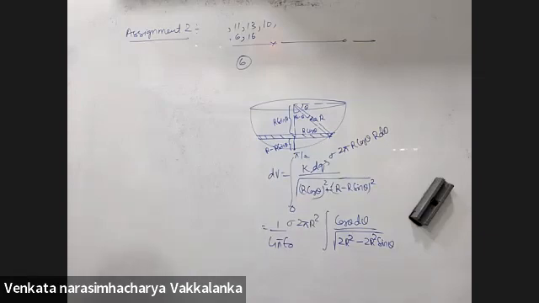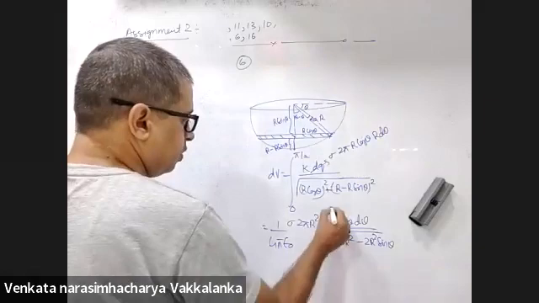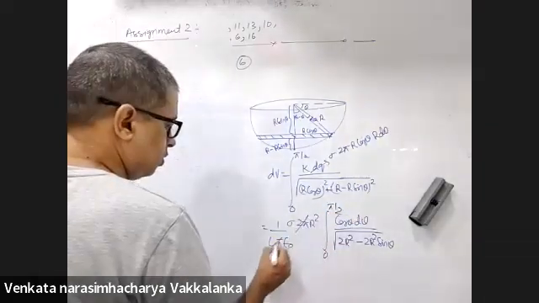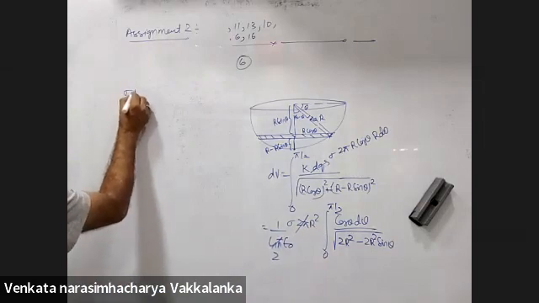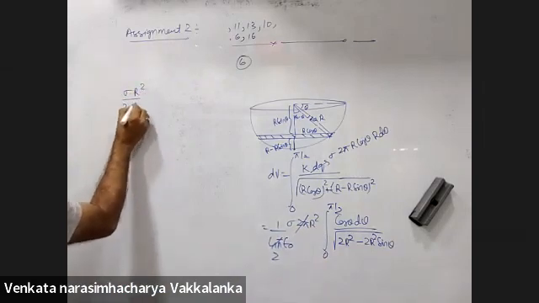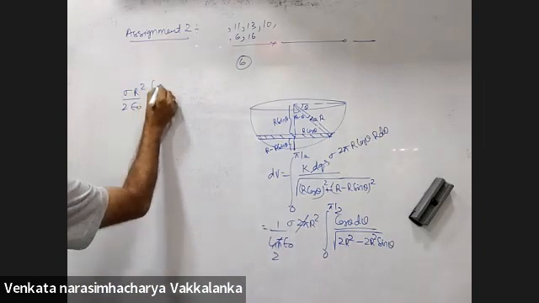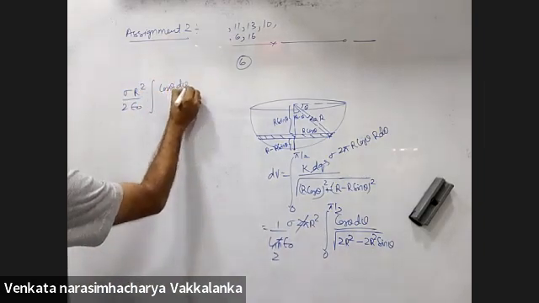Yes. Say something. Yes sir. No. This is 0 to pi by 2. This will become 2. I will be left with sigma r square by 2 epsilon naught integral cos theta d theta.